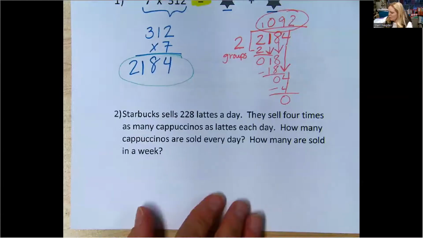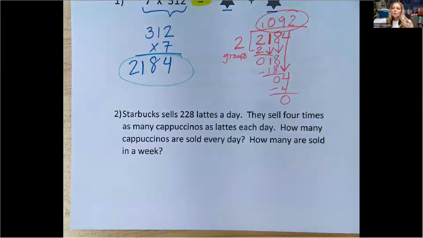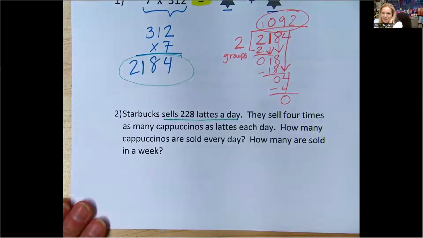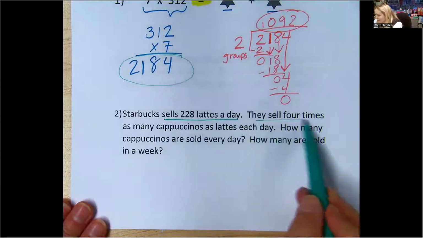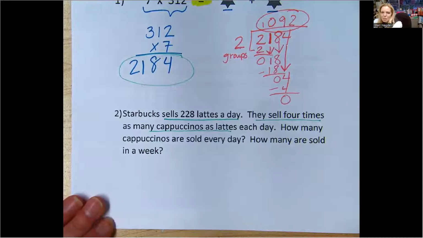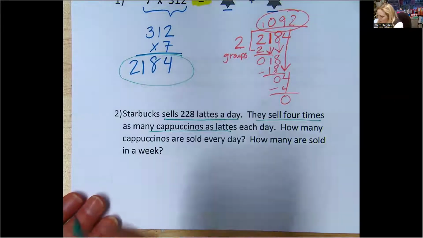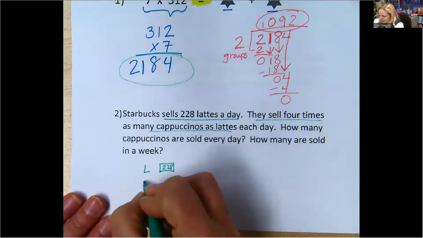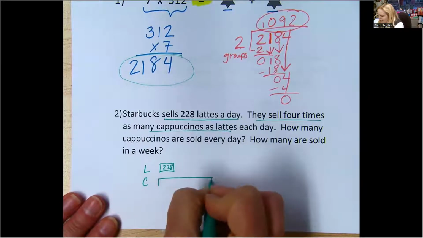This is similar to something we've done in class, 4 times as much. And if you can model it, you can always solve it. In some cases, you're not going to need to model it, right? But let's go ahead and try for it. So Starbucks sells 228 lattes a day. They sell 4 times as many cappuccinos as lattes each day. How many cappuccinos are sold every day? Well, if this is the amount of lattes and we know it's 228, then cappuccinos are 4 times as much.